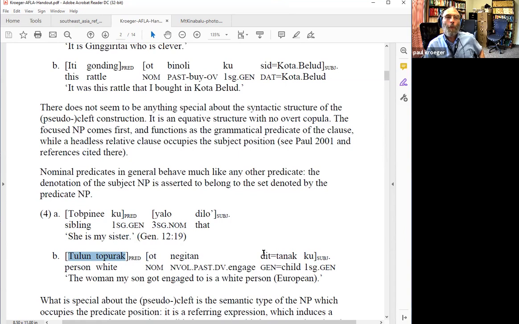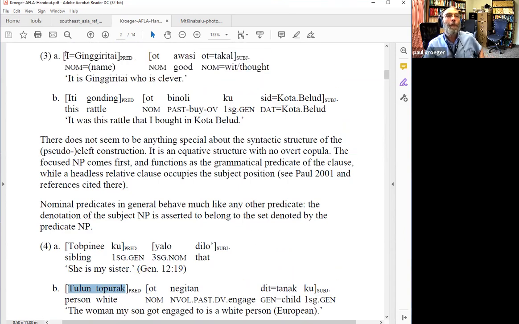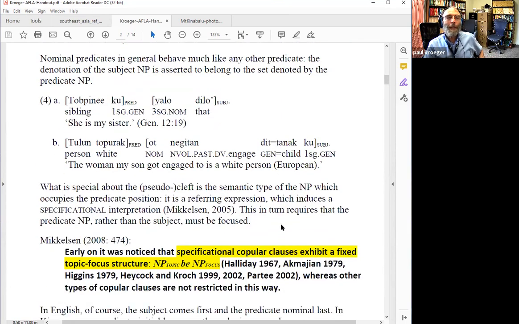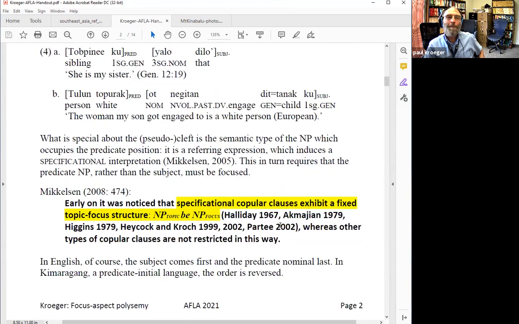And so these noun phrases just name a predicate, whereas in the cleft, you have either an article, since the case markers double as articles, or a demonstrative, which turns the predicate into a referring expression. It's an argument type instead of a predicate type. It's a definite referring expression, and therefore it has a specificational interpretation.